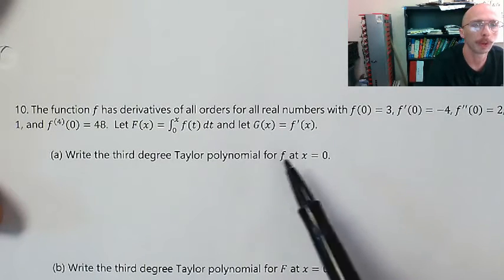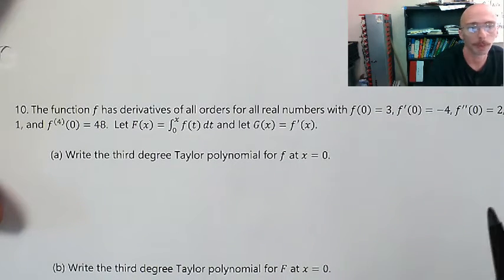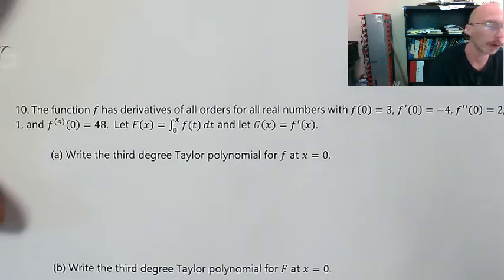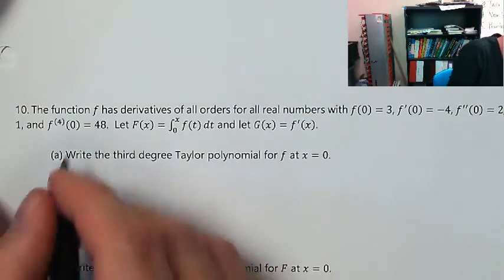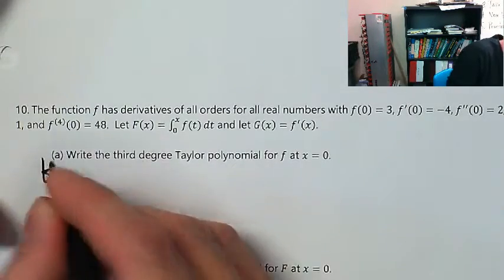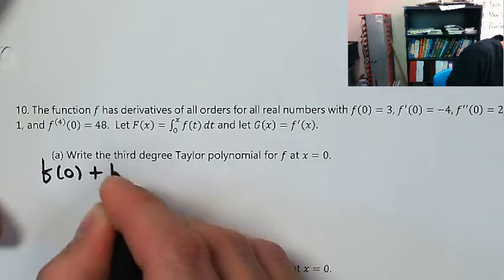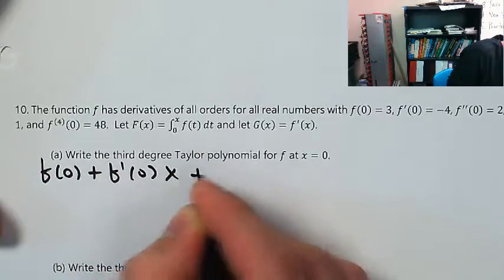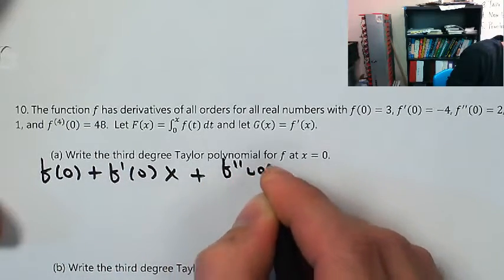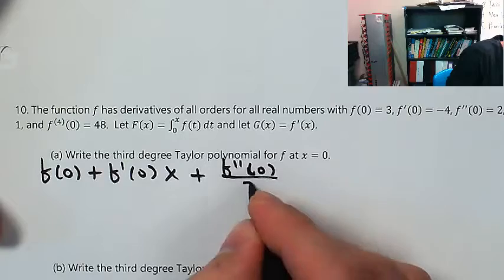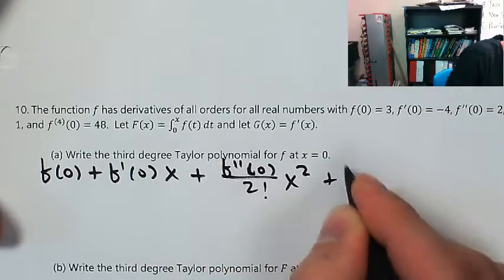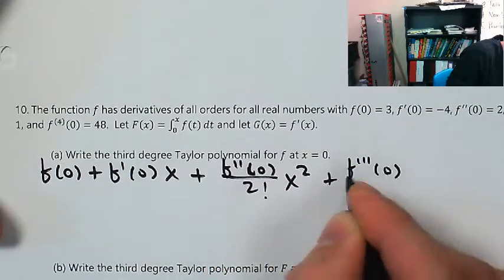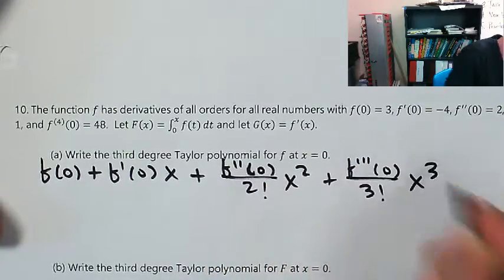So 3rd degree polynomial for f at x equals 0. That's a Maclaurin polynomial. So it's 3 minus 4x. Remember that at x equals 0, I can even write this: f of 0 plus f prime of 0 x plus f double prime divided by 2 factorial x to the 2 and f triple prime of 0 divided by 3 factorial x to the 3.